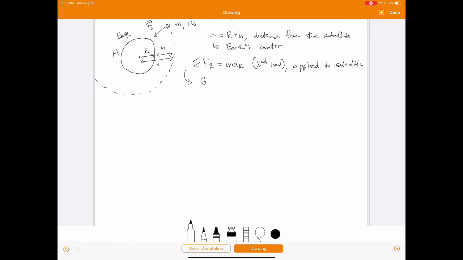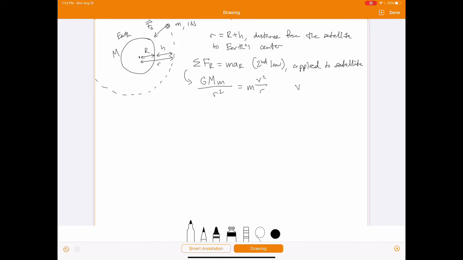So we can plug in, using the law of universal gravitation, big G, and then we have the product of the two masses, which is big M and little m. And then we have little r squared, the distance between them, on the bottom. On the other side, we have little m, the mass of the satellite, times the acceleration, which is v squared, also divided by r.